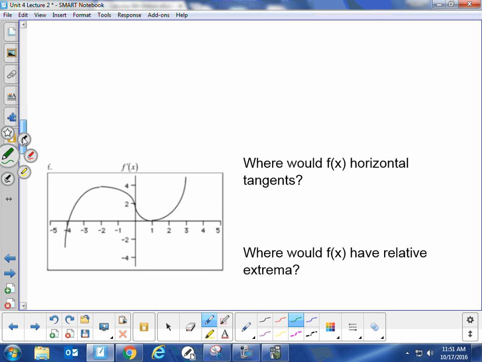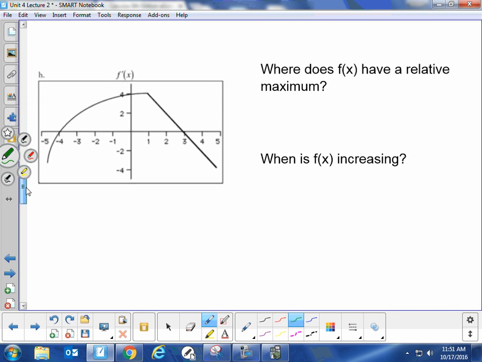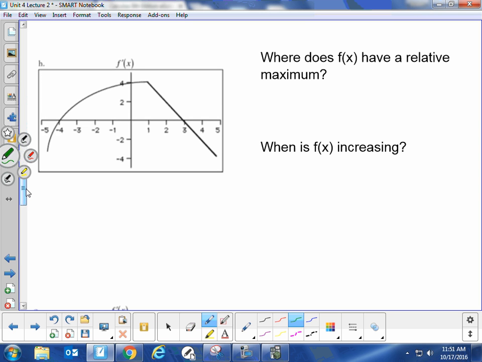Let's do that. This is the graph of f prime. Where does f have a relative max, and when is f increasing? Go. Can you do it without creating a number line?